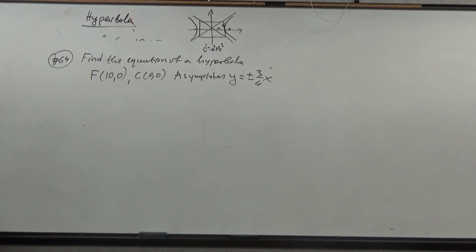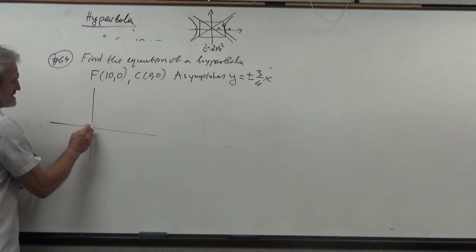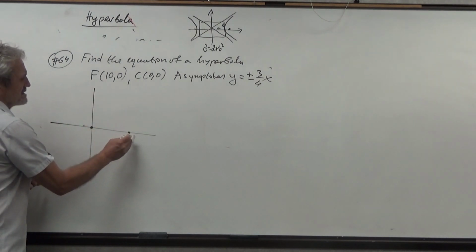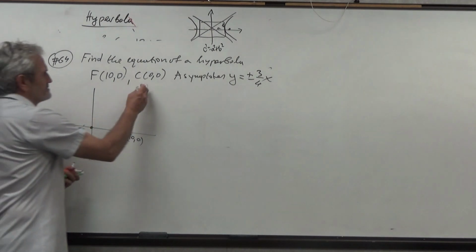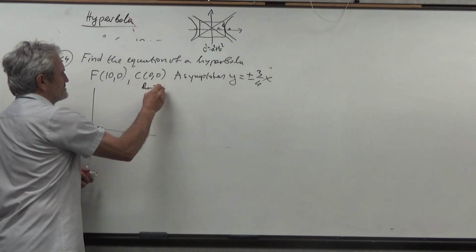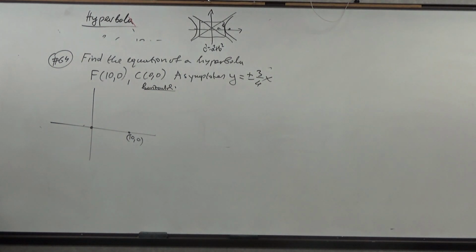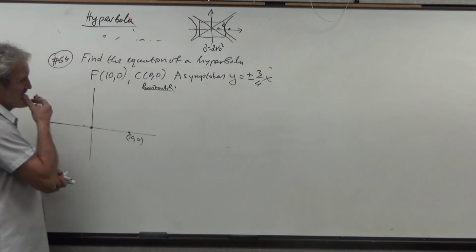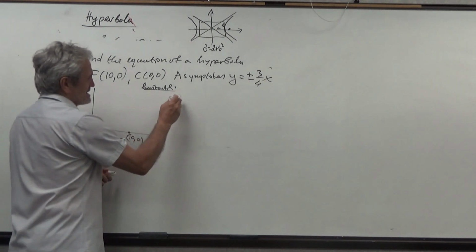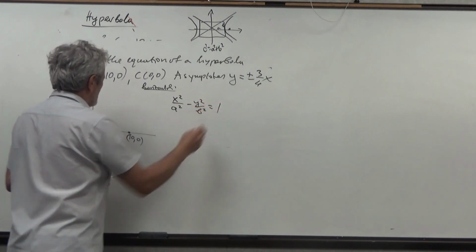So let's orient ourselves. Is it vertical or horizontal? The center is at (0, 0), and the focus is here. If the focus is on a horizontal line, it's horizontal. And what do we know? The equation looks like this: x squared over a squared minus y squared over b squared equals 1.